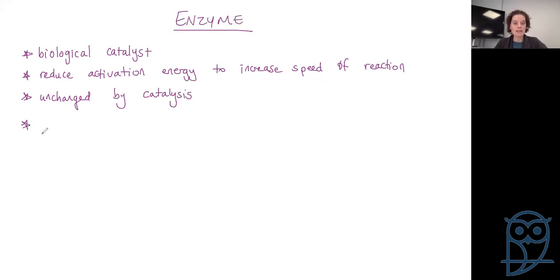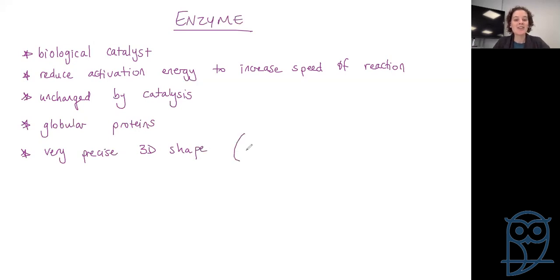Okay, if we take it back a step, enzymes are globular proteins. They have a very precise 3D shape. So we are talking about tertiary. Okay, that's the further folding and coiling of our protein.